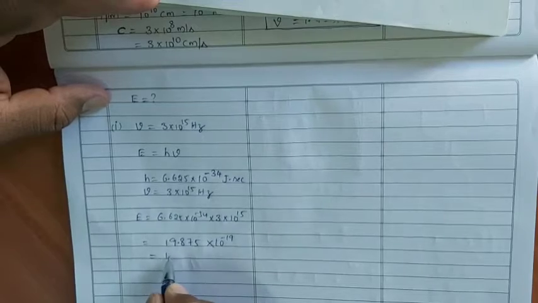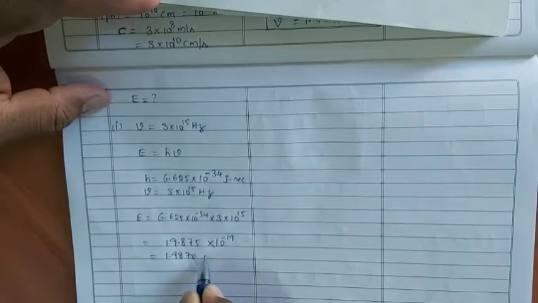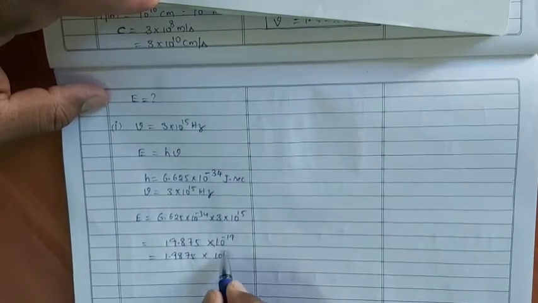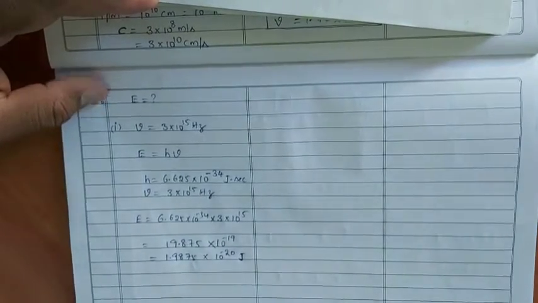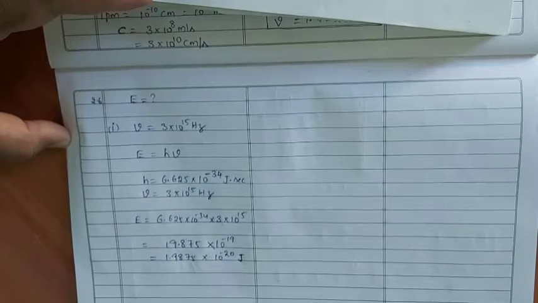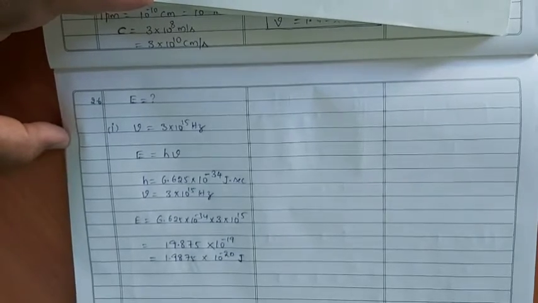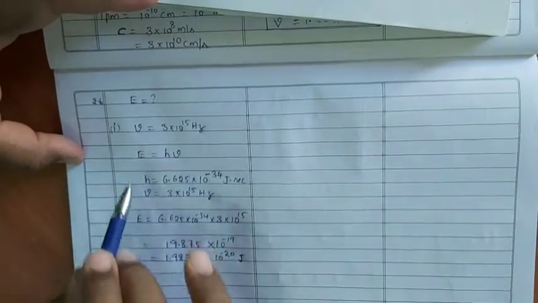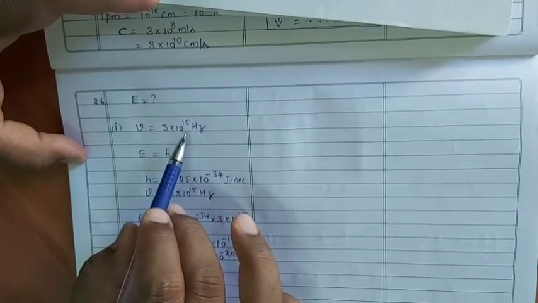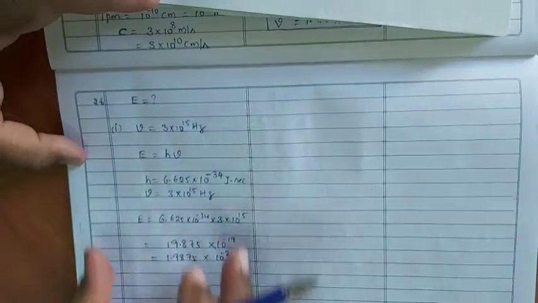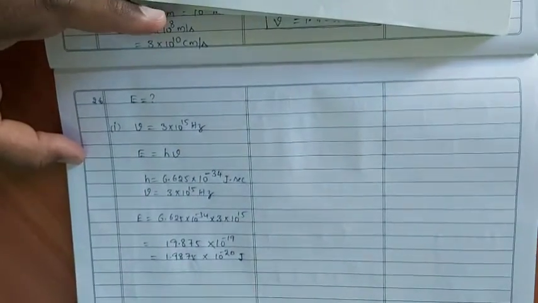We can make it as 1.9875 into 10 power minus 20 joules. This is the energy for nu is equal to 3 into 10 power 15 Hz. First problem is clear. Is it okay, ma?